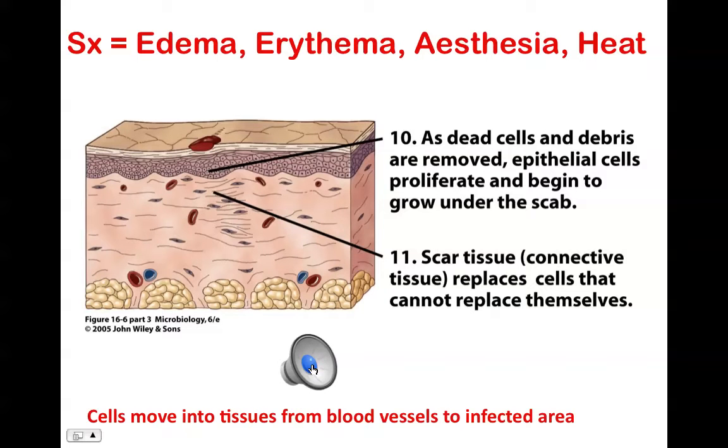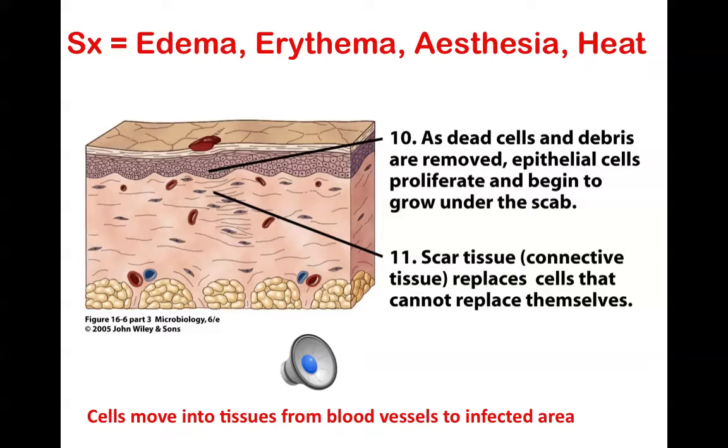As dead and dying cells of both bacteria and our skin cells collect and accumulate, other types of body fluids and phagocytes remove all of this debris. Eventually, the various types of cells in the skin begin to grow and proliferate and form essentially the scar.